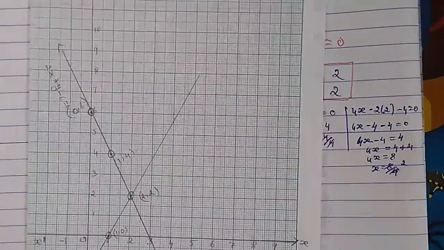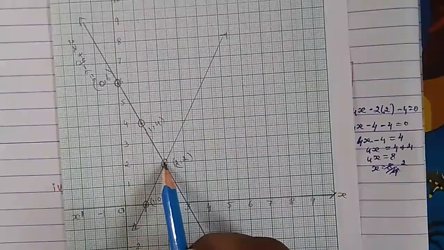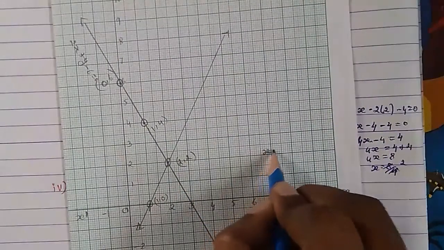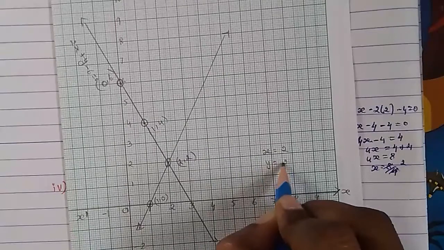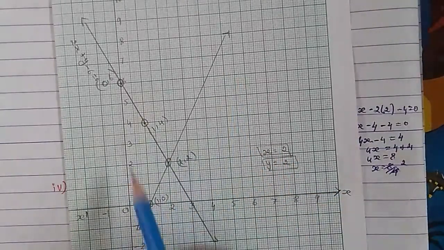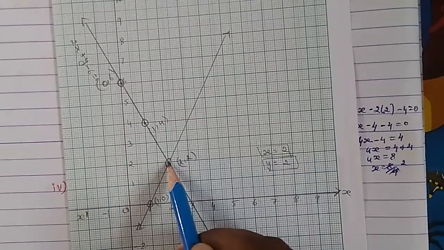So we have intersecting lines, and both the lines are intersecting at a common point, that is 2 comma 2. So our x value is 2, y value is 2. This is the solution, one unique solution where both the lines are crossing or intersecting at one point.